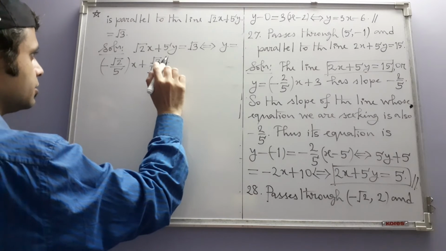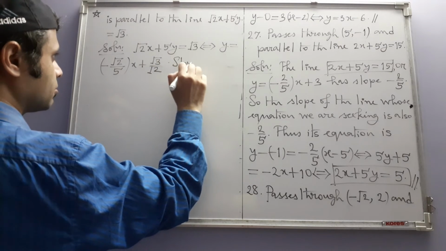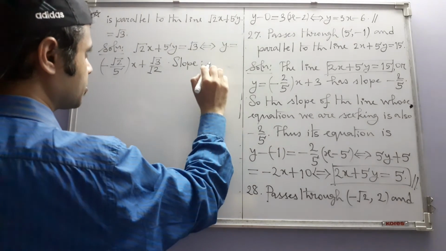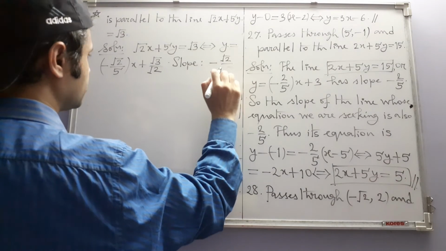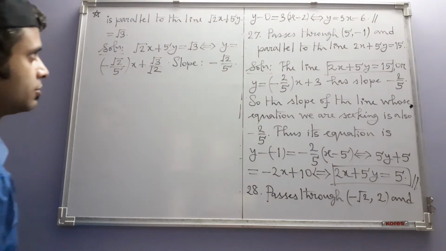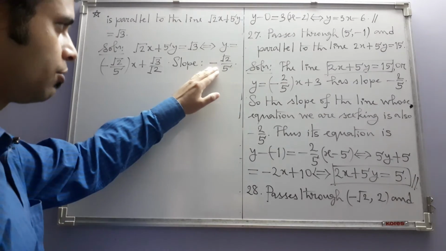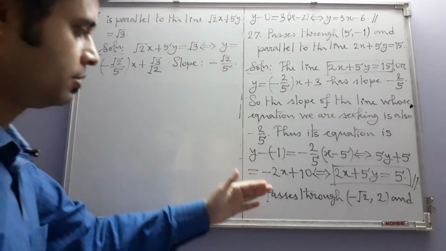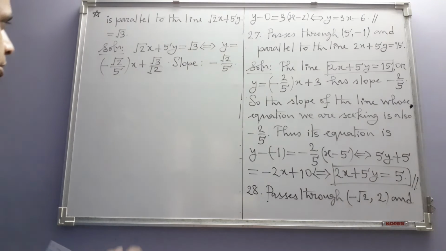So its slope is minus root 2 divided by 5. So this is the slope of our line also, and it passes through this point.